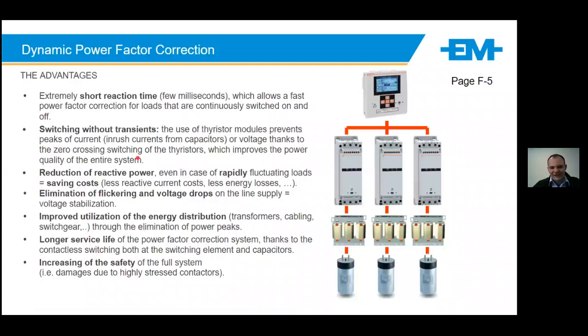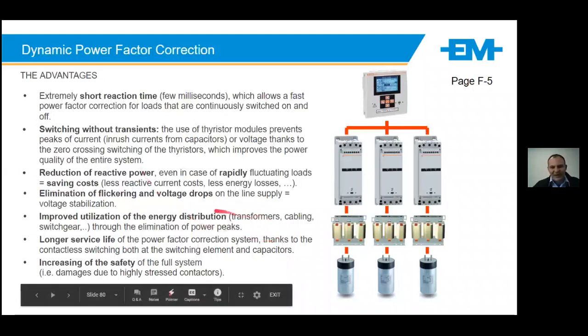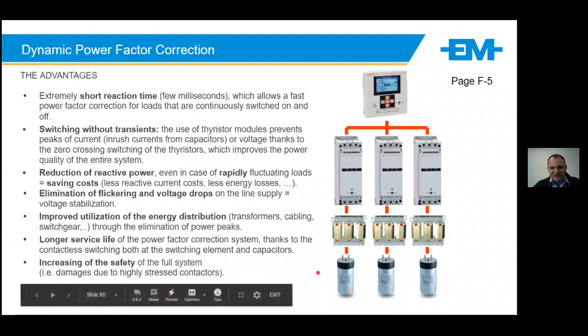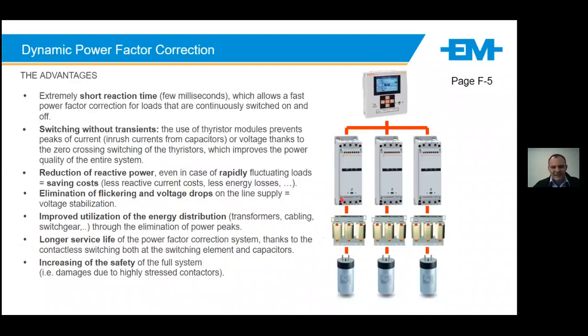Reduction of reactive power because you're getting closer to your set point faster. Improvement or elimination of the flicker and voltage drops. And then the other function would obviously be improving your power factor, reducing your kVA. Longer service life, thanks to contactless switching between the element and the capacitor, and increased safety for the full system.